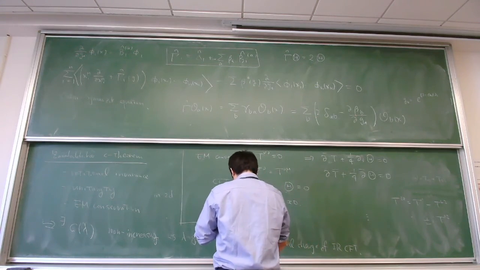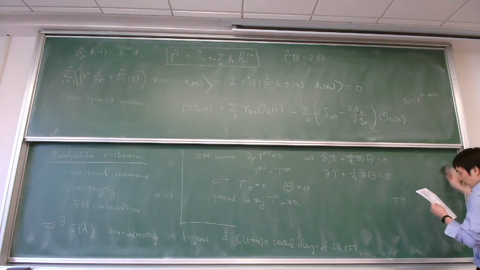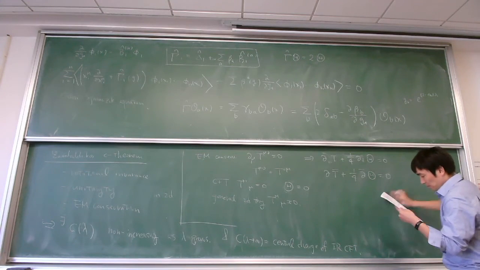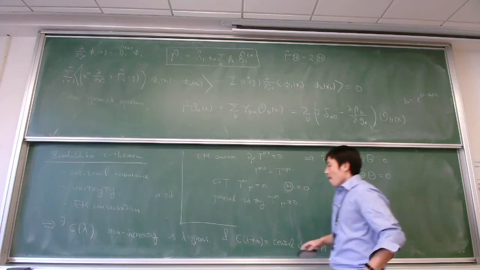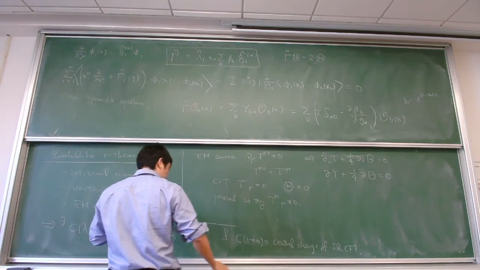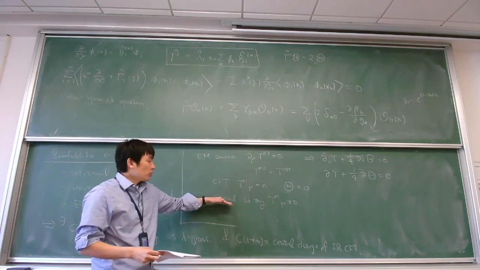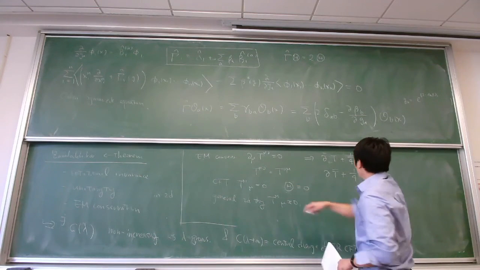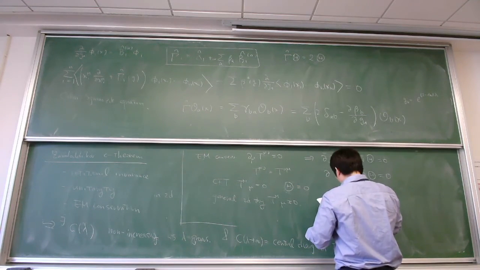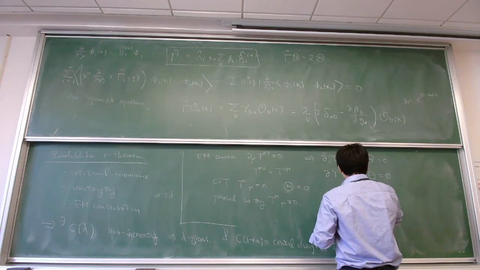On the other hand, the general theory has a non-zero trace, and so we take T and T bar.